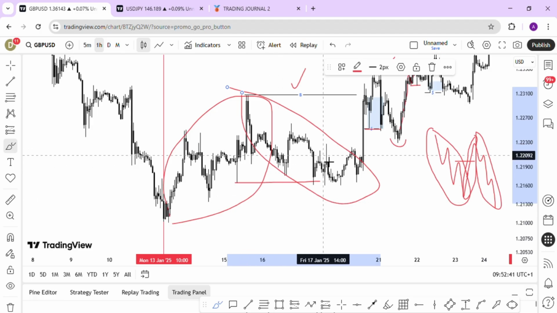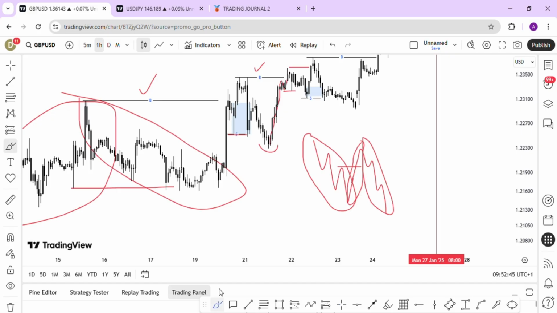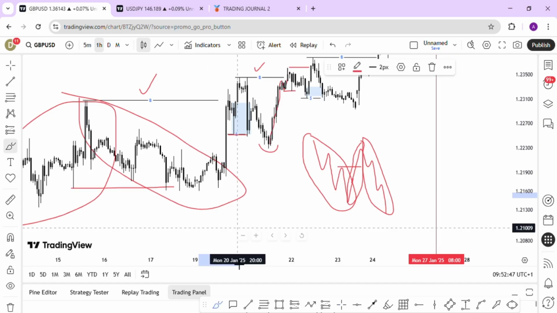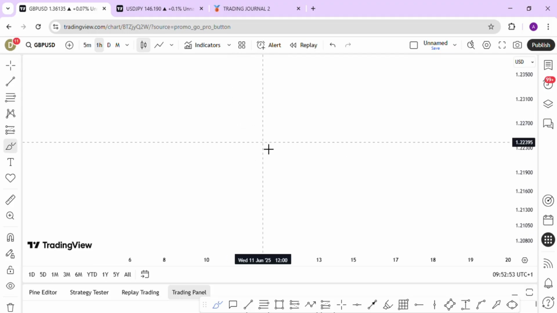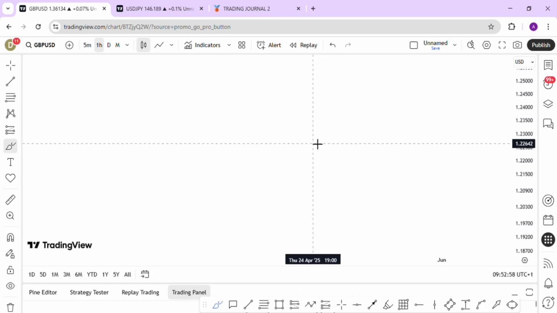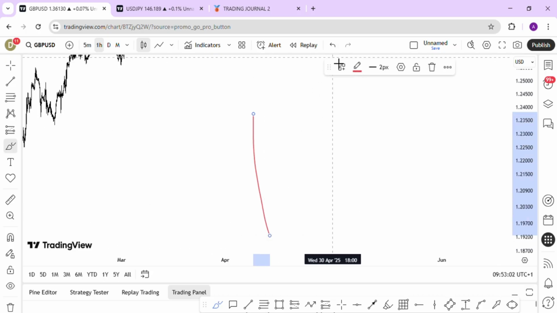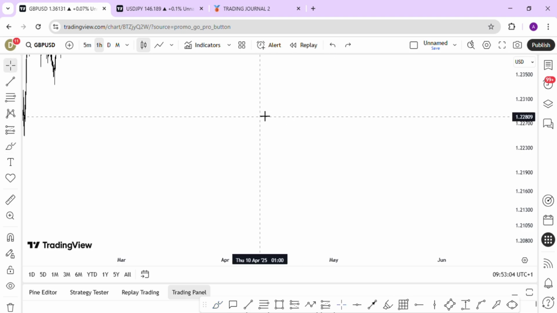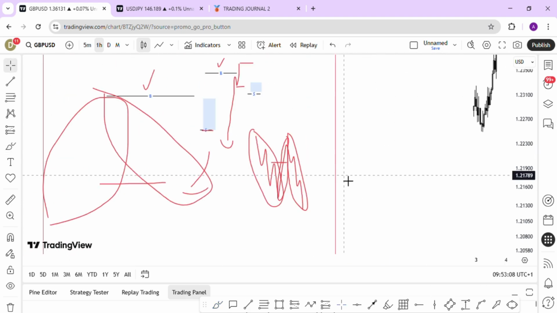So you don't pick your inducement from the correction, you pick it from the impulse. Look at this. This is the impulse. This level is, sorry, this level is the impulse. Sorry.